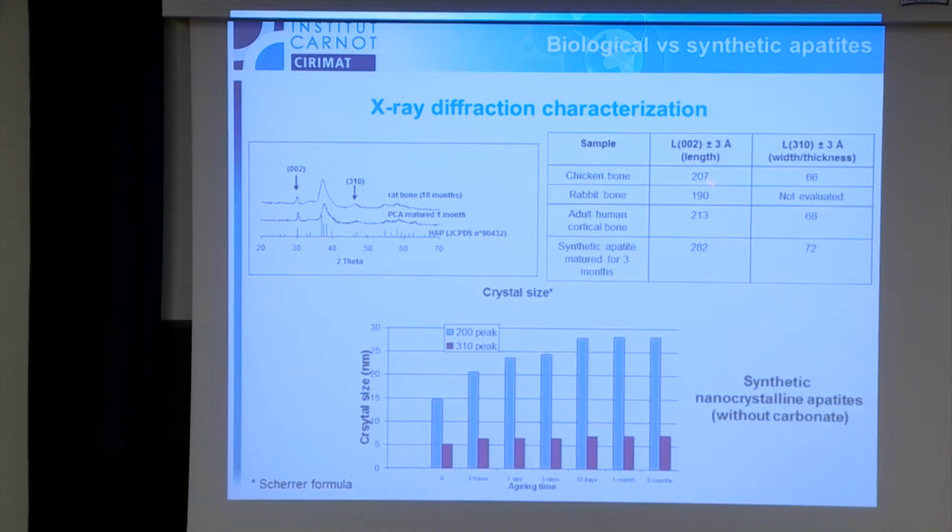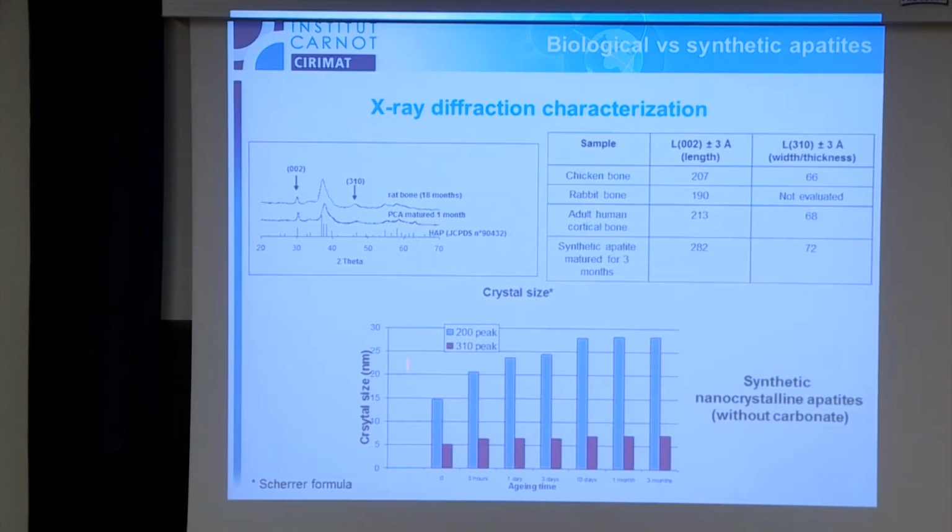So here you have the values for different bones, animal and human, and the values for synthetic apatite after 3 months of maturation. So 3 months of maturation is one of the biggest nanocrystals that we prepare in our lab, and you see that it's higher in length than the other examples.